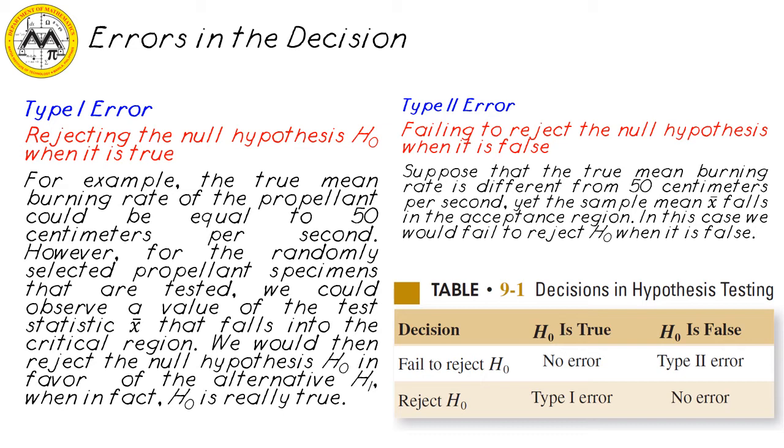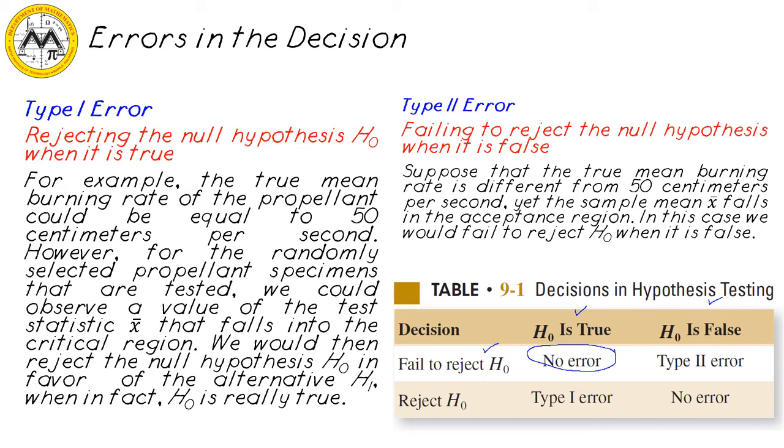4 possible cases. We can have a true hypothesis against a false hypothesis. So if the statement is true and we do not reject it, there's no error. True and you do not reject that, there's no error.